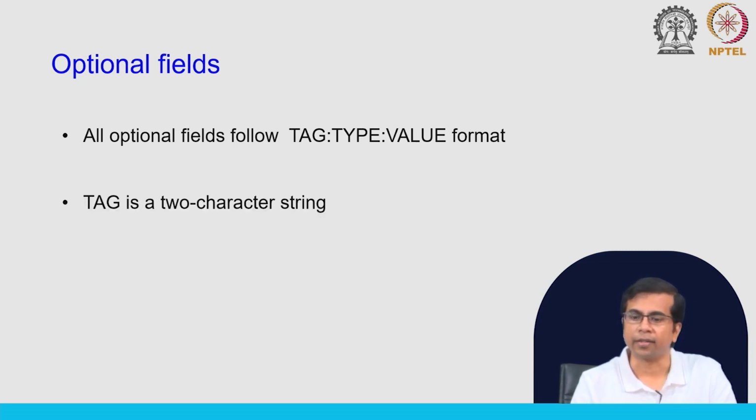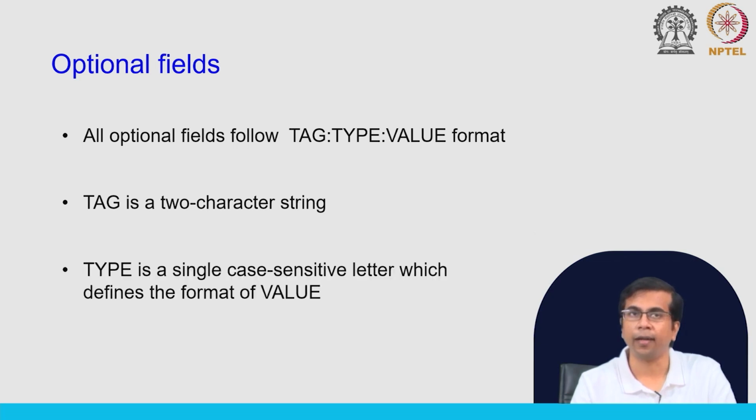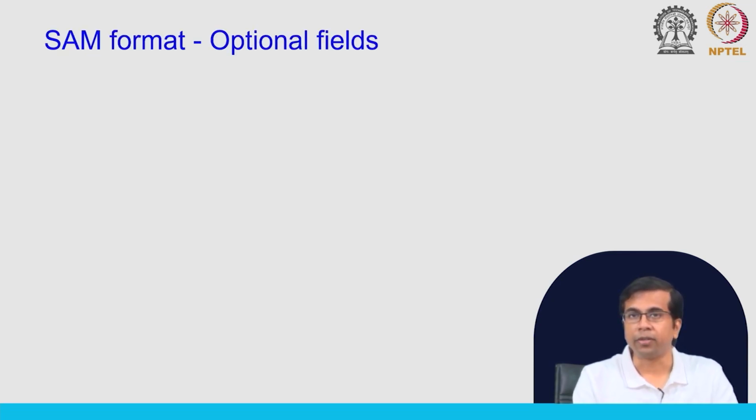This is a 2 character string, and then type, this is usually a single letter, and it defines the format of the value. So, whether the value is an integer or a string, that information will be given in this type field. Then there are specific tags that we use to describe the alignment or the mapping.